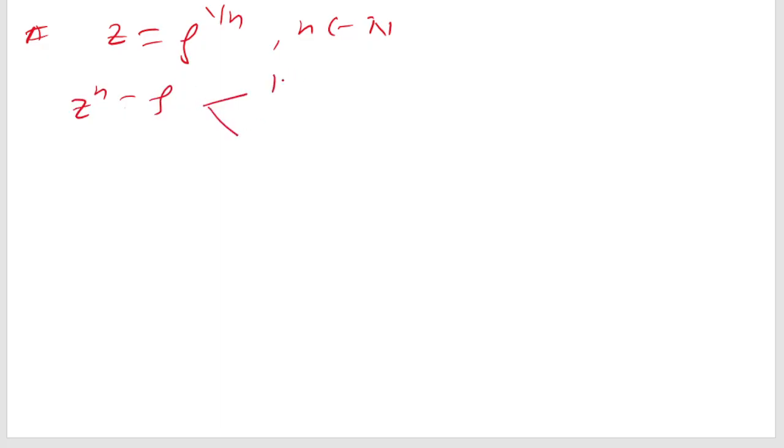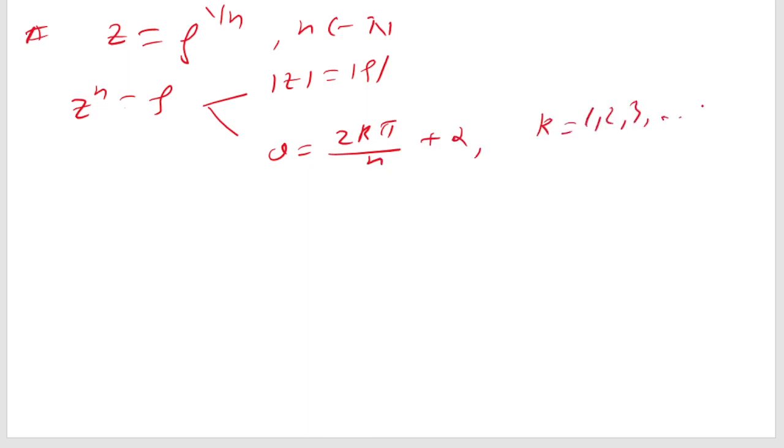One is mod z is equal to mod rho, and theta is equal to 2k pi by n plus alpha, where k values will be 0, 1, 2 up to n minus 1. Clearly, what is alpha here? Alpha is the argument of complex number z.